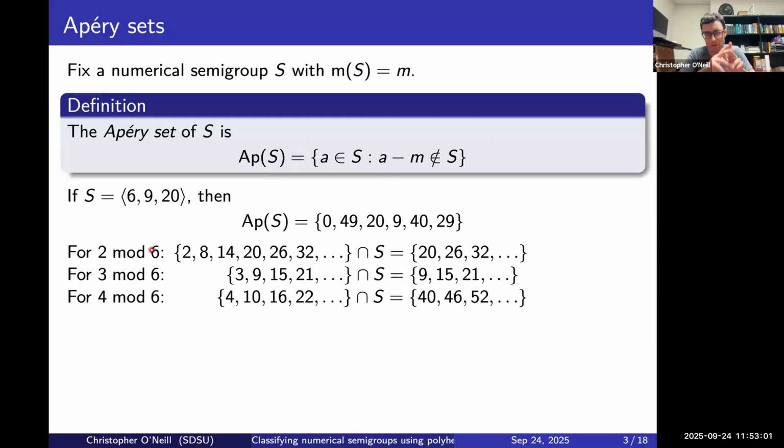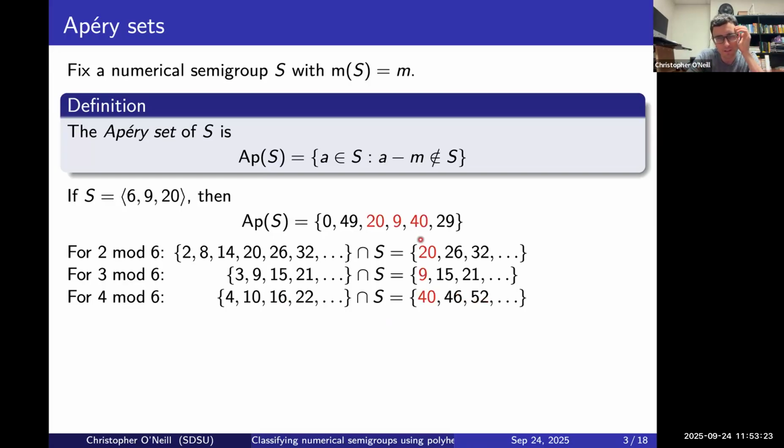The reason for this: if we take our favorite mod class, let's say 4 mod 6, so take all the positive integers that are equivalent to 4 mod 6, because S is closed under addition, once something in this equivalence class is in S, you can get everything after that in the equivalence class by just adding a bunch of copies of 6.